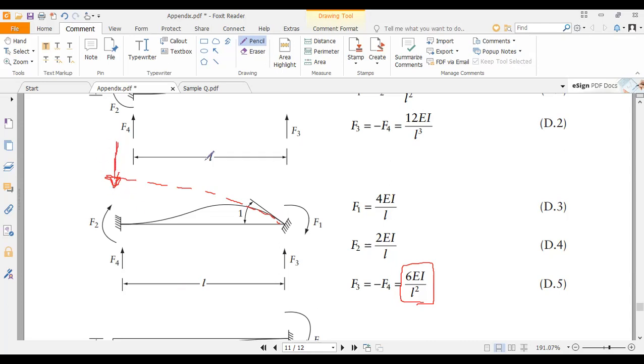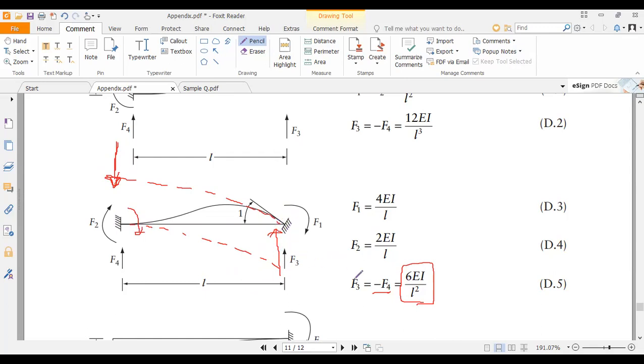So that means this F4 is negative, right? So we get F4 as minus 6EI over L squared according to our sign convention. So here you have some bending moment like this. This tries to bend this beam like this. That means it should keep the original position, so we should push back this point toward here.